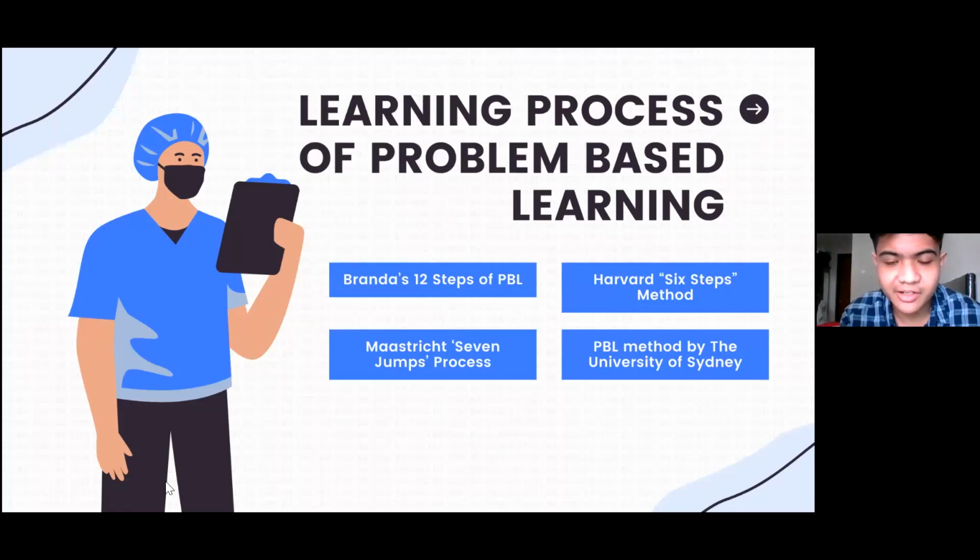For the learning process of problem-based learning, there are a few types of learning processes.